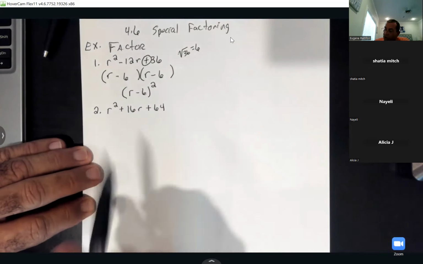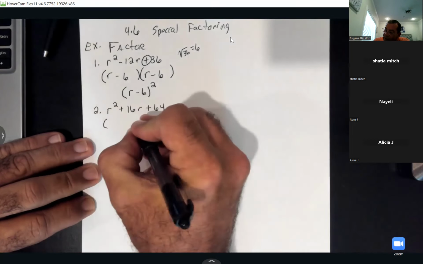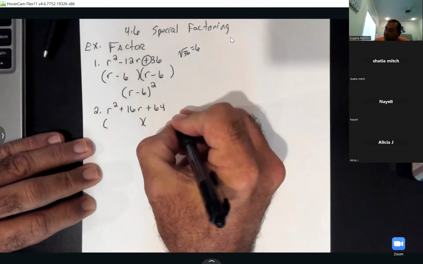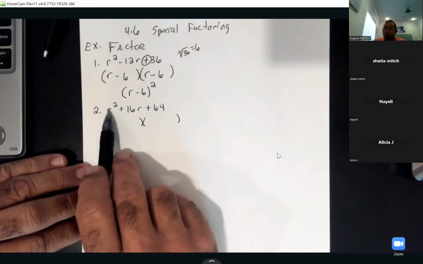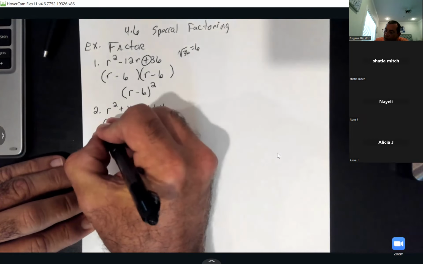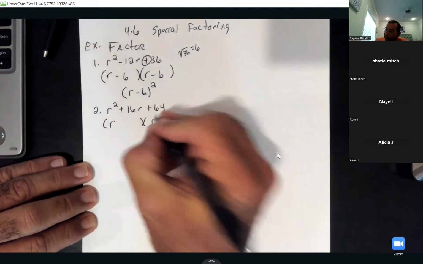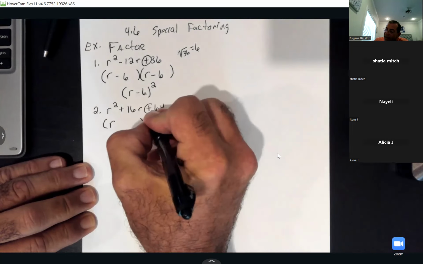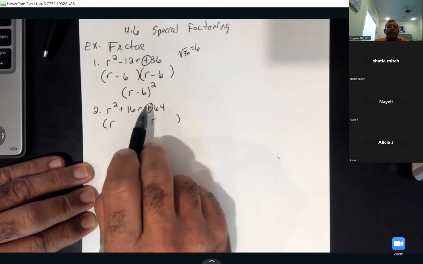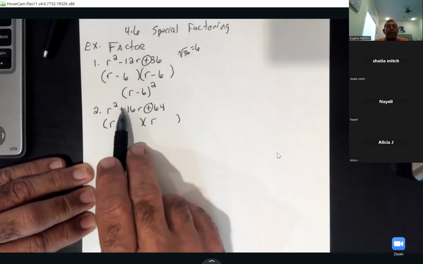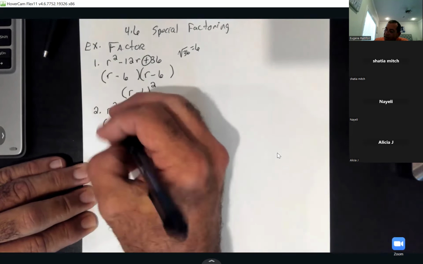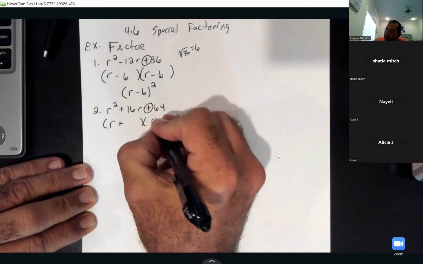So since I've got my r squared in the front, I'm going to put this in two sets of parentheses. All righty, so the r squared puts an r and an r. Once again, that last sign is positive. So since the last sign is positive, both of these factors will have the same sign as the middle. So they will both be positive.